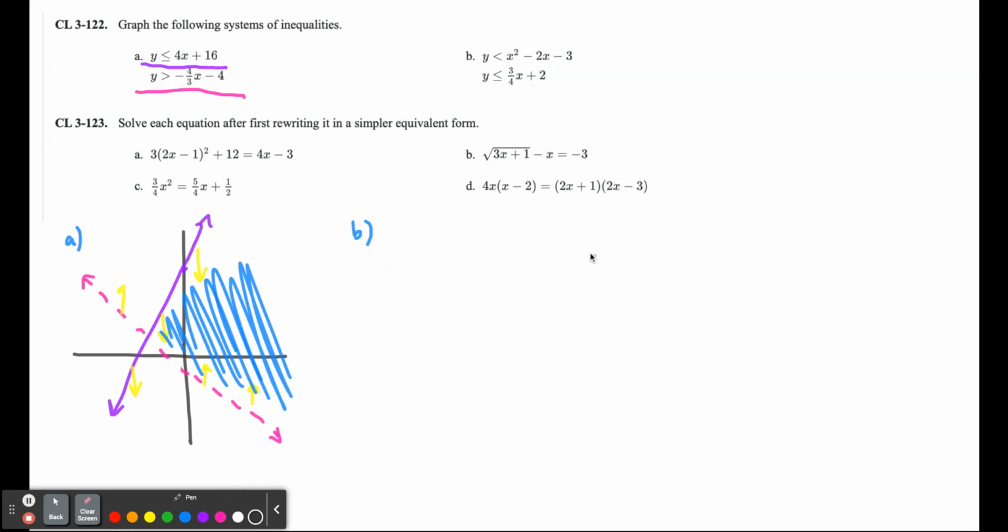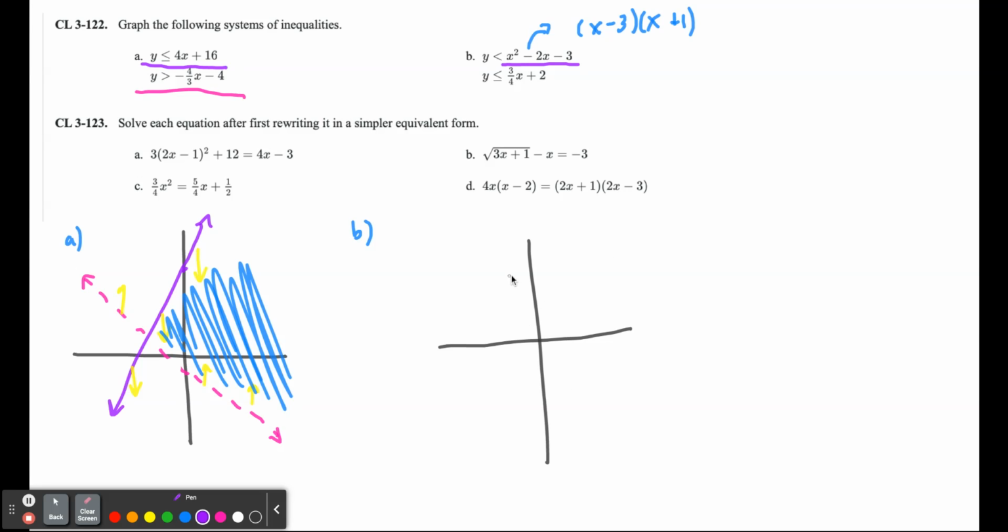Okay, so for B, same thing. This one factors to x minus 3 and x plus 1. So your x-intercepts are 3 and negative 1, and it's a right side up parabola.